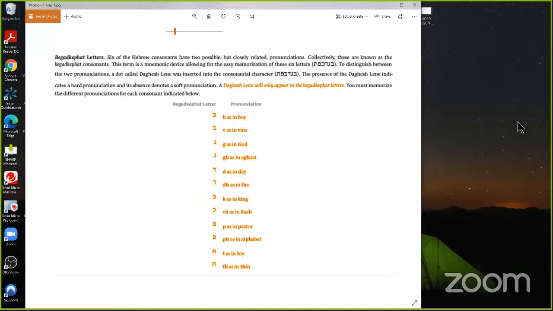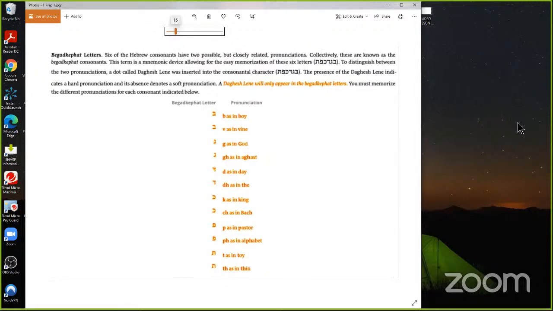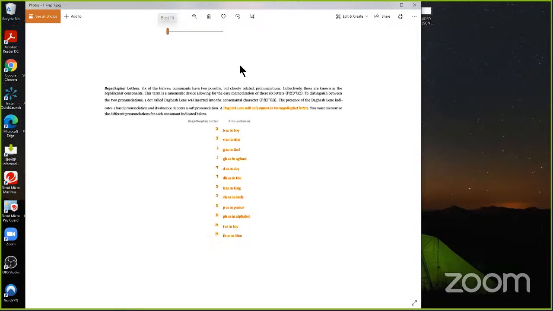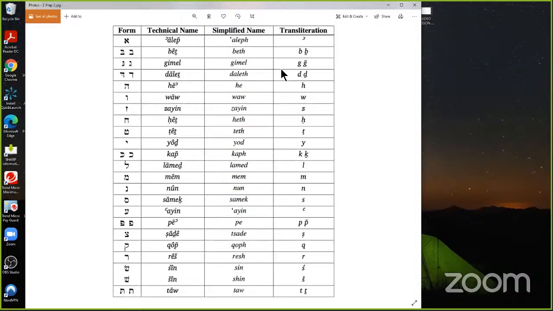So we're going to see how this works when we get started, because we're going to set all the grammar rules up front before we start actually reading the Hebrew. Okay, so we'll go to the next one real quick.